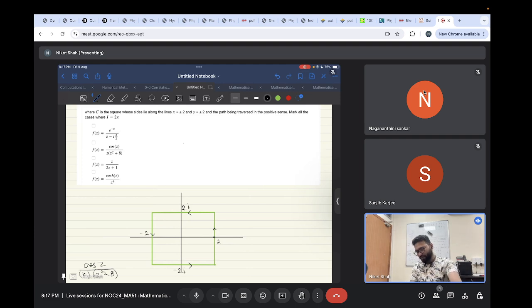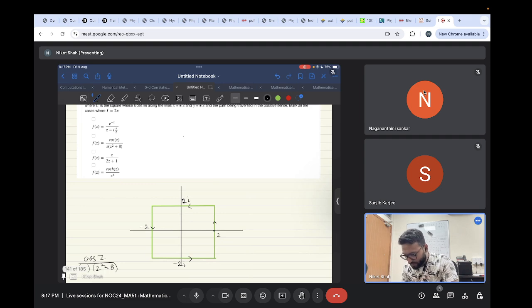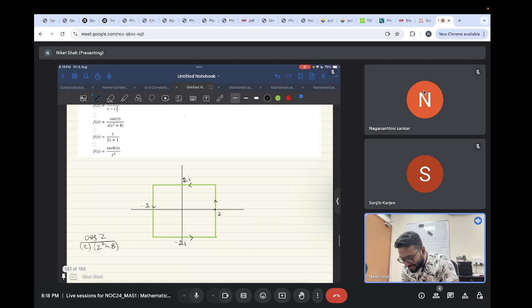These are the lines. So inside of this, you will find only one pole of this function. Only z equal to 0 lies inside. Everything else lies outside. So you can use that idea to solve accordingly.